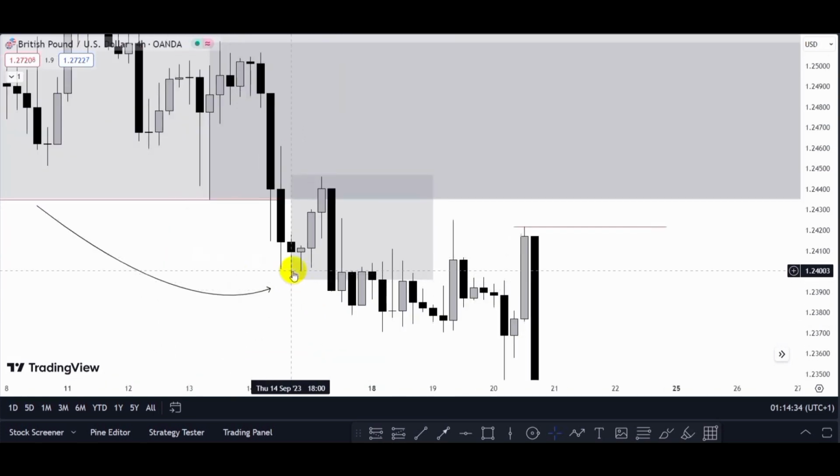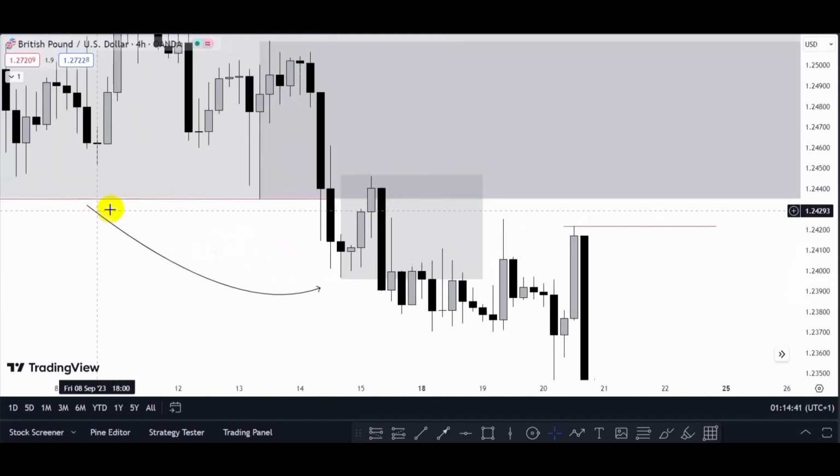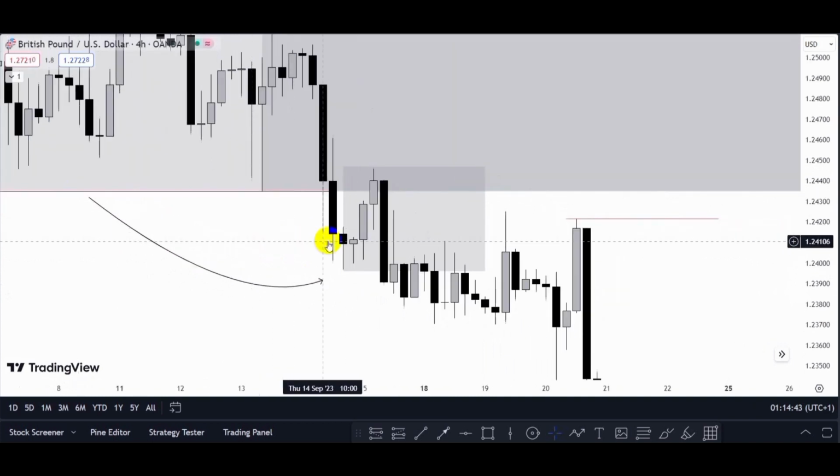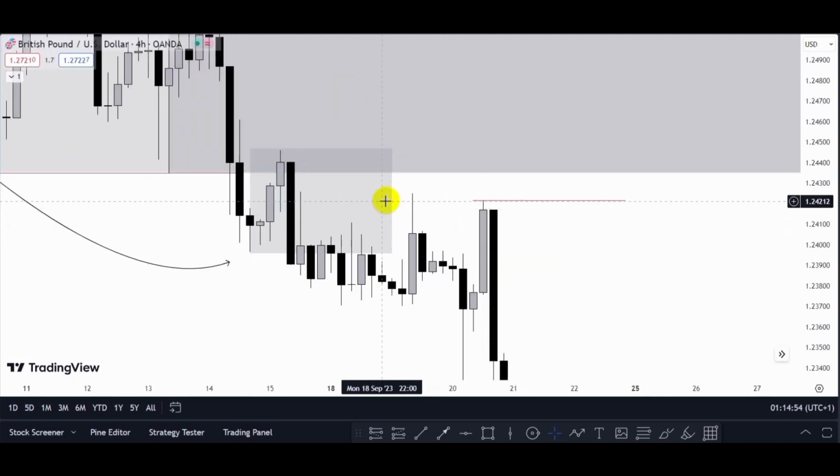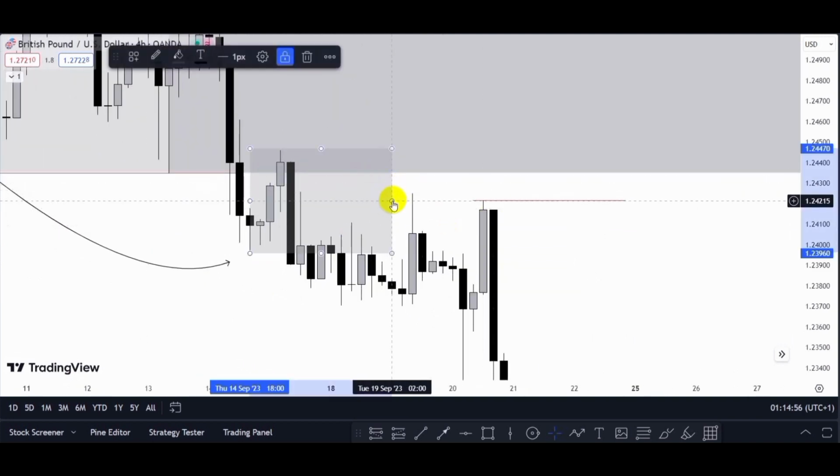So we now have this pullback to the upside that gave us the bearish move that validates the break of this low. So this, we now marked out this bullish move that gave us the move to the downside that took out this low, that gave us a valid break of structure. We regard this also as our institutional order flow.